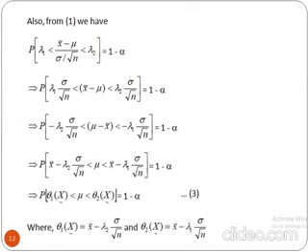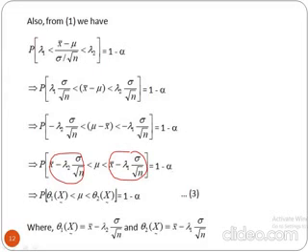Now we start from this. Accordingly, we cross multiply, and then after some simplification we reach this stage where we have two statistics. One is involving lambda 2 and the other is involving lambda 1.